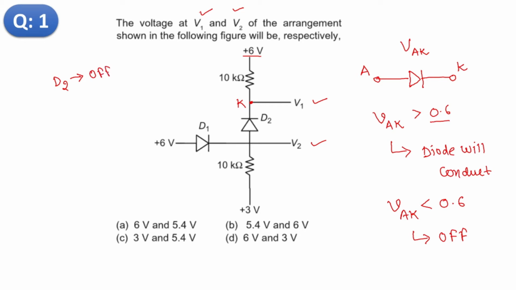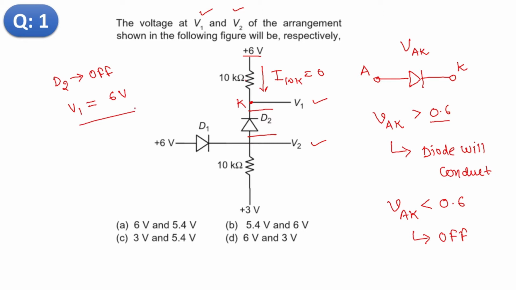Because of D2 there is an open circuit, which means there will be no current in this branch. The current flowing through this 10k will be 0. That's why this 6 volt appears at this point, that is V1. So V1 is equal to 6 volt.